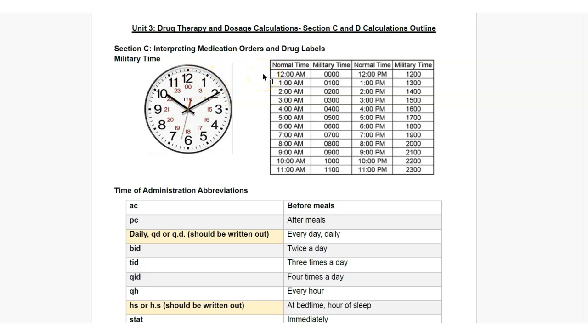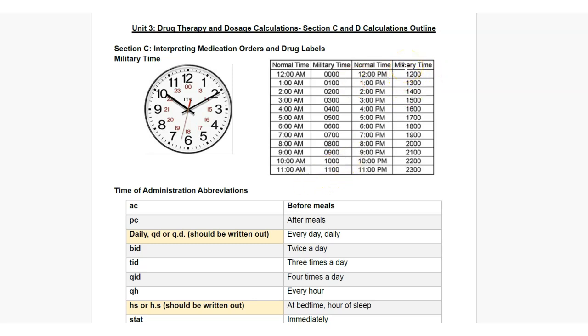So how do we write the time in military time? It's pretty much very similar. Midnight is 0000, 1 is 0100, 2 is 0200, and so on, until 12 p.m., which is 1200.